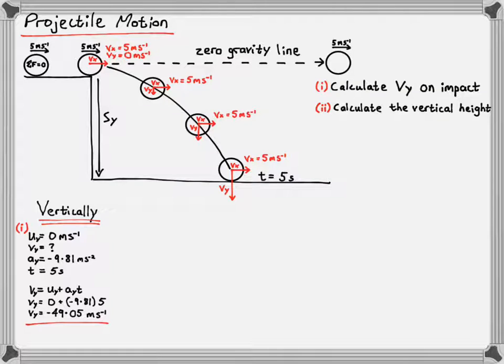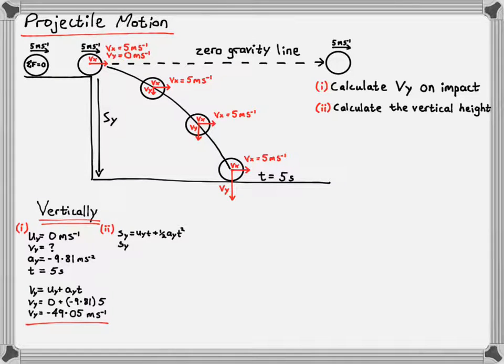In other words, Sy. So we could use another Suvat equation. In this case, we're going to use S is equal to ut plus a half at squared. But these components are all in the y direction, so again, I have to phrase them in the y direction. So it's Sy is equal to uy times t plus a half ay times t squared. That should say ay.